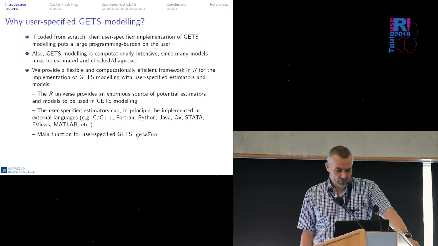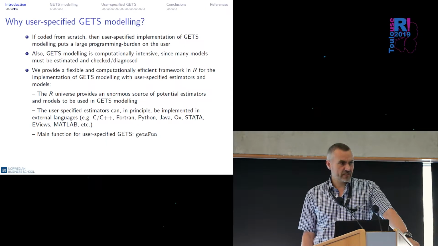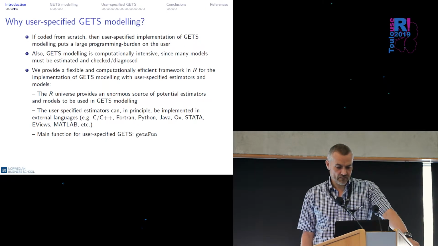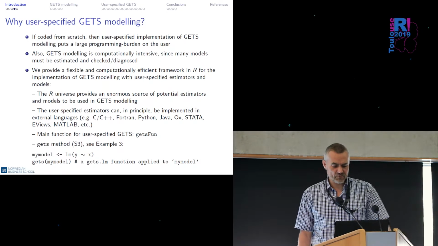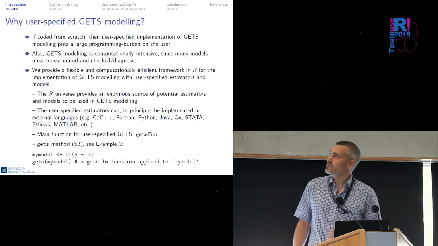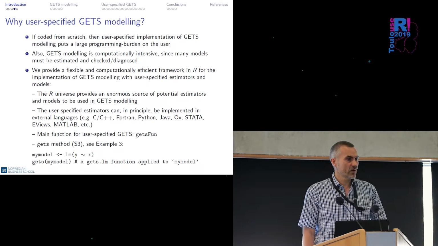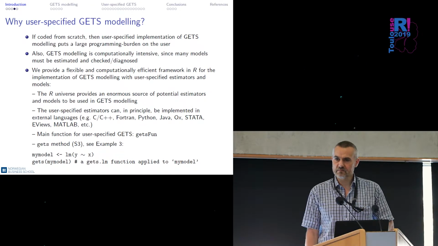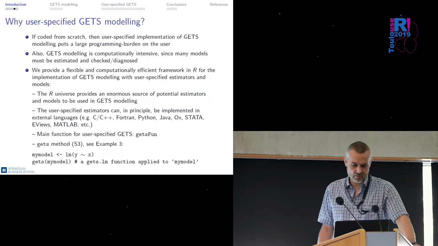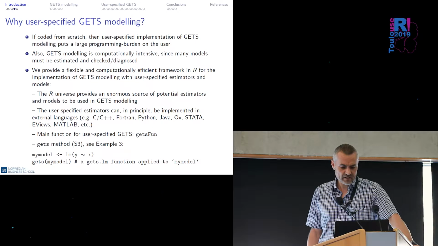The main function for user-specified Gets modeling is getsFun. To provide a preview of one of the examples I will be relating to, it is a situation where you fit a model with a well-known LM estimator, so you retrieve an LM object.